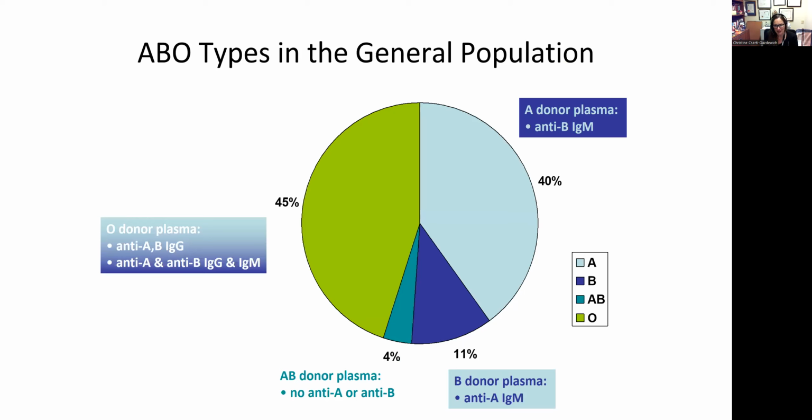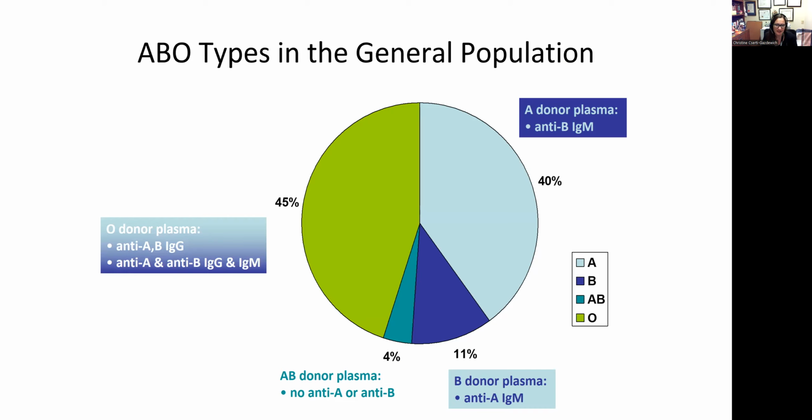Okay, this is the pie chart for the ABO distribution in the population. And you can see that group O is the commonest blood type on Earth, followed by group A and then B, and then AB as the least common blood type. And you can see listed in the boxes the reciprocal isoagglutinins, the antithetical plasma antibodies that follow what is known as Landsteiner's law.